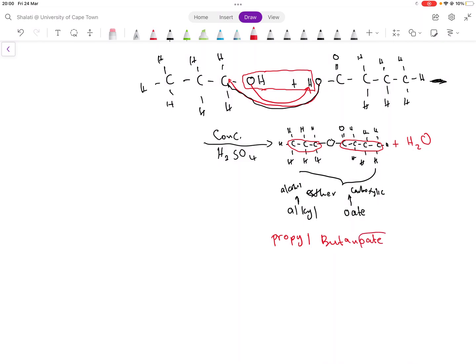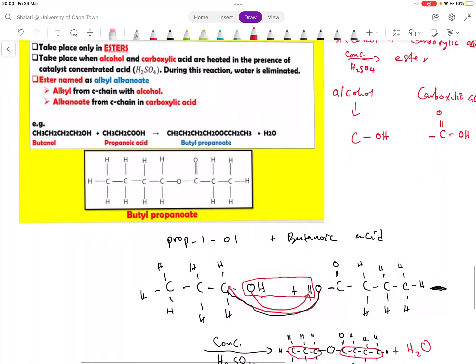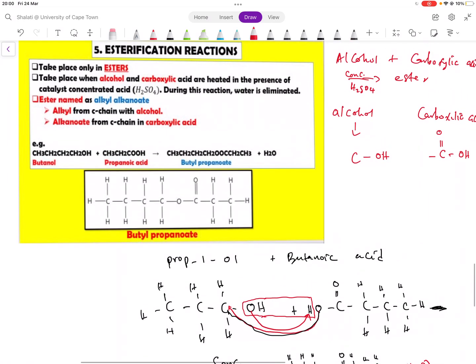So the suffix attaches to the carboxylic acid. That is esterification. In the next videos we'll be doing examples combining all those reactions. So just take a minute, go through these notes before you look at examples. And when I'm doing the examples, try to attempt them first before you check how I did it.